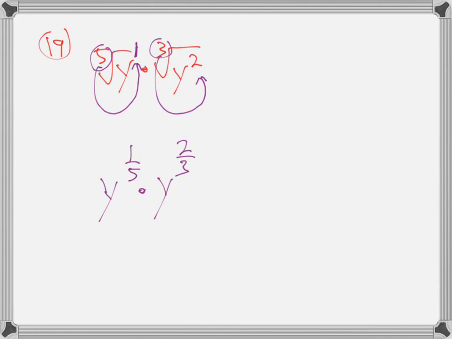Good so far? Now, what's the rule for letters side by side? What do the powers do? Add, right? If they're vertical, they subtract. If they're side by side, they add. So I want to add those. Now, how are you going to add those powers? Got to get a common denominator. So that's going to be 15.